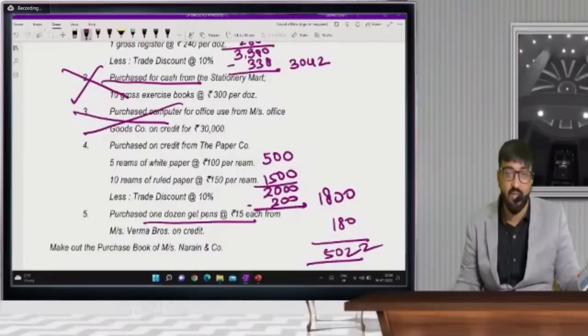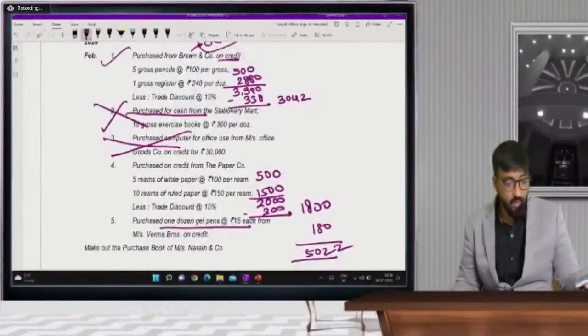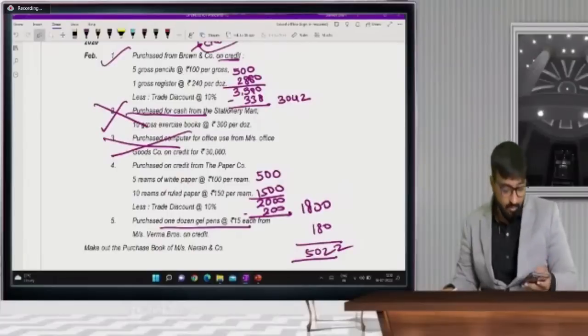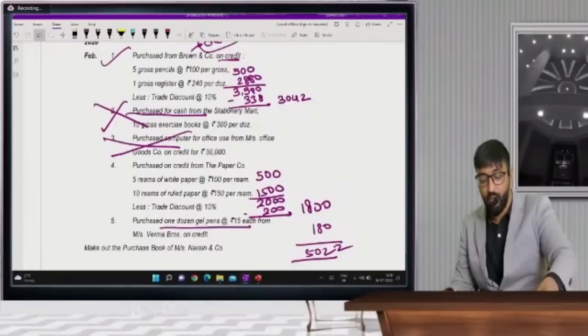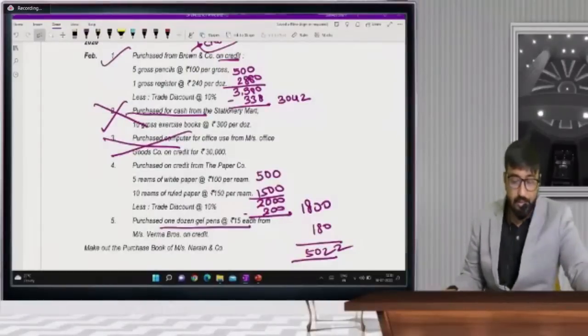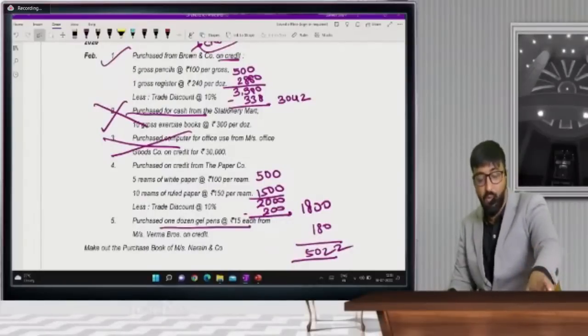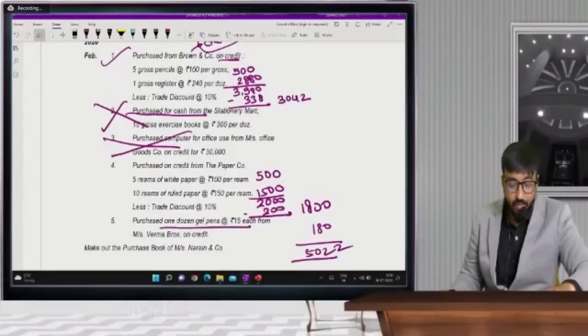Let's check the answer and how to maintain this. 5022. I hope you understood it. Yes, easy? Tell me in the comment section. Easy or difficult? Gross means total.